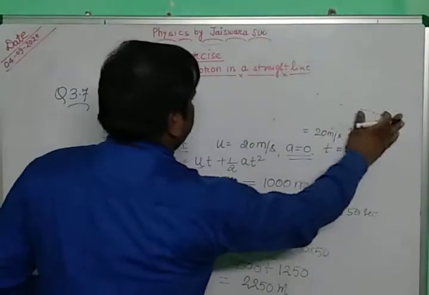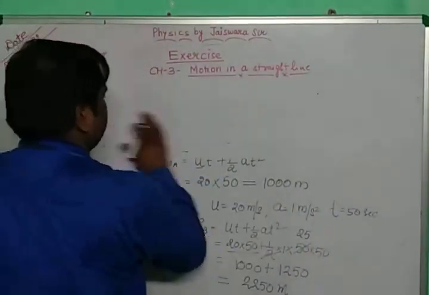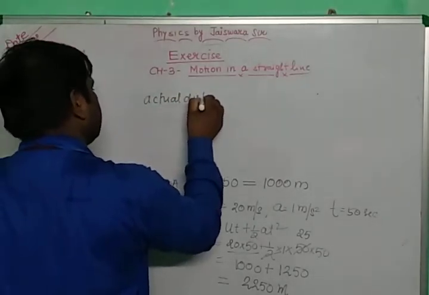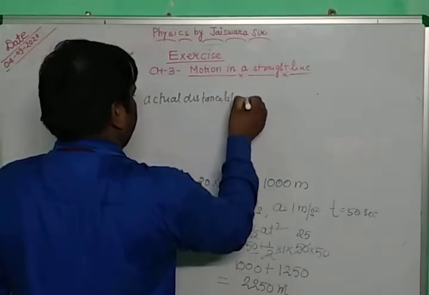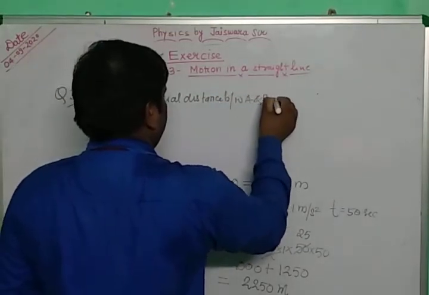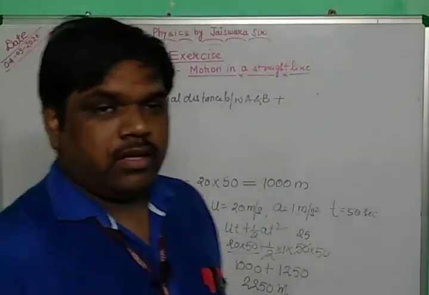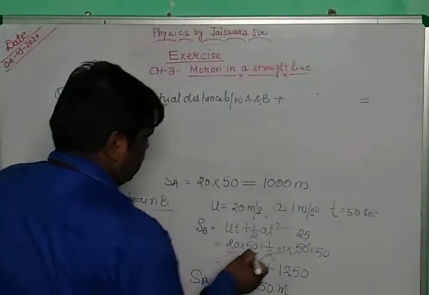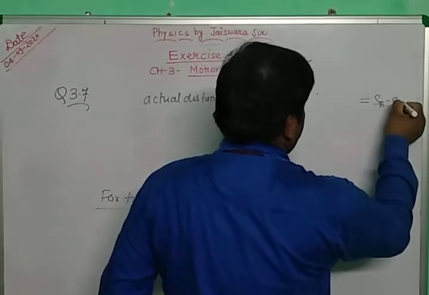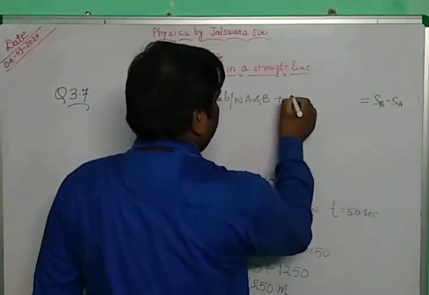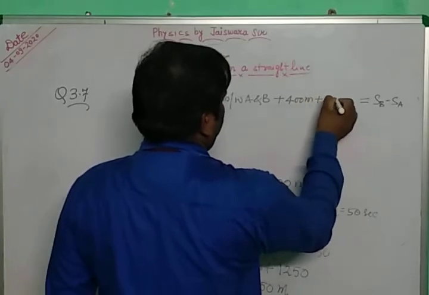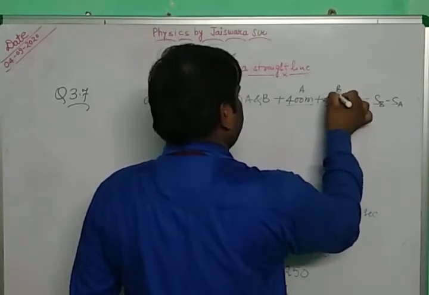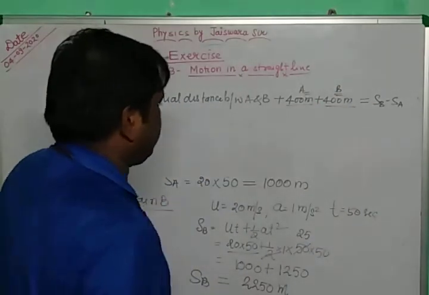So let us see the actual distance. The actual distance between A and B will be equal to the difference between this displacement, that is SB minus SA, together with the sum of the lengths of both the trains, that is 400 meter for train A and another 400 meter for train B. So let us simplify this.